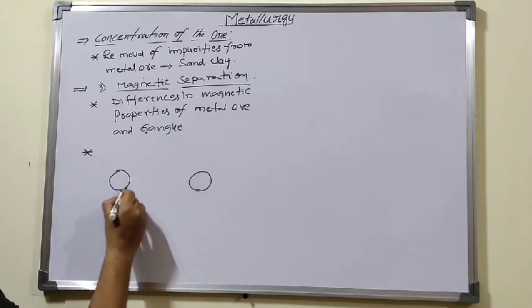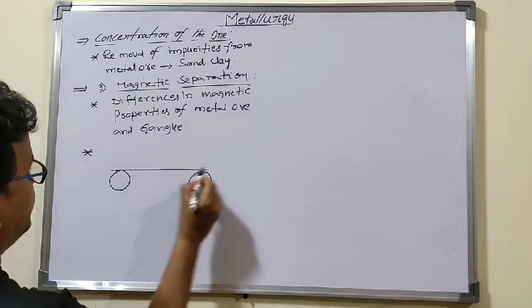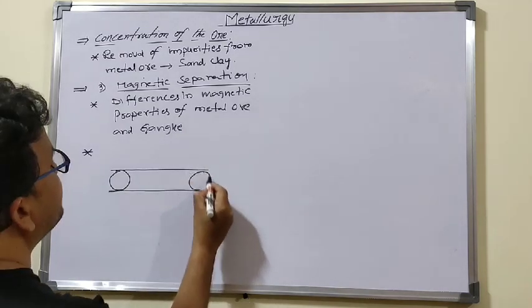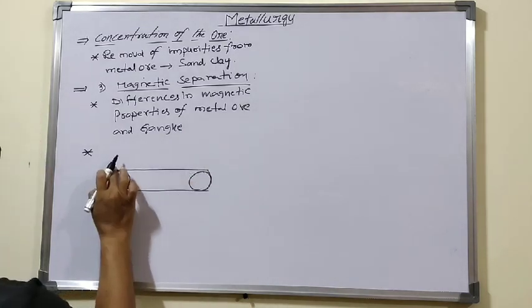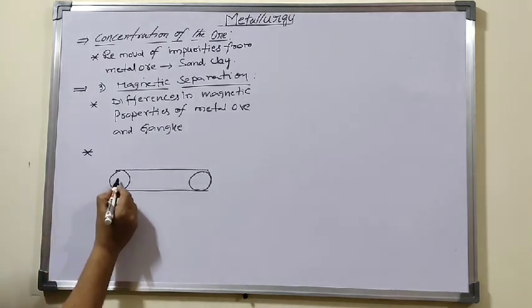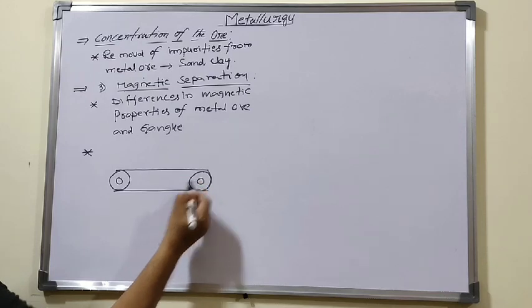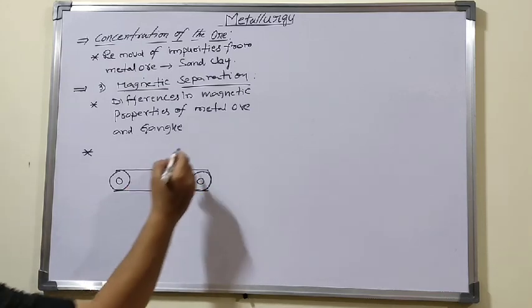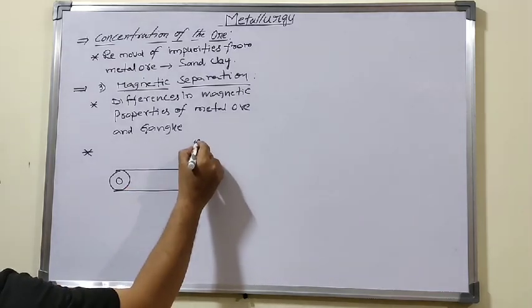These magnetic rollers are connected with a conveyor belt, and it is attached to a hopper.